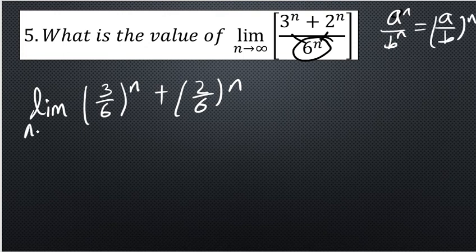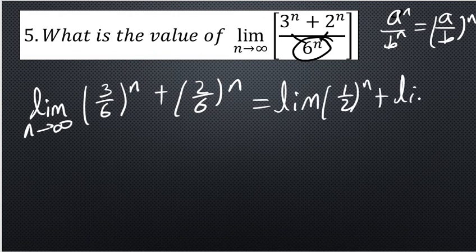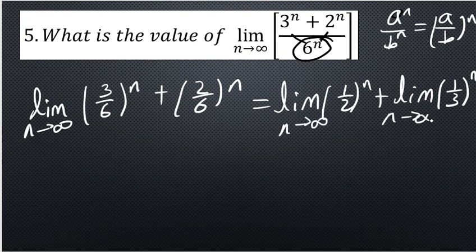So as n goes to infinity, this is equal to the limit of, I can separate the two limits because it's a plus. So 3/6 means 1/2. The limit of (1/2) to the power of n plus the limit of, again, (1/3) to the power of n, as n goes to infinity for both. You can check, by the way, that the one in the bracket is less than 1.